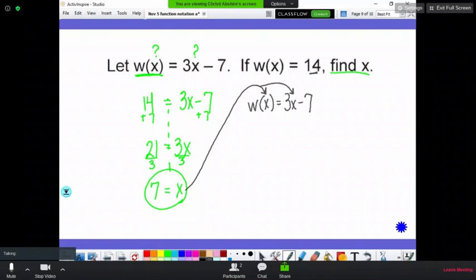So let's see what happens. w of 7, there's nothing to do with this. This is just function notation, but there is something to do on the right side. 3 times 7 is 21, and then 21 minus 7 is 14. So this does check out when I check my work. There is always a way to check your work in math class.